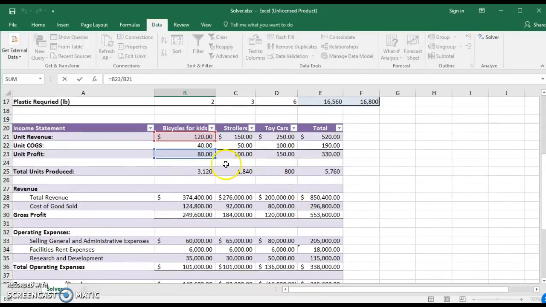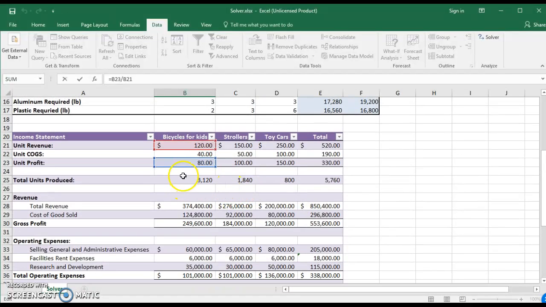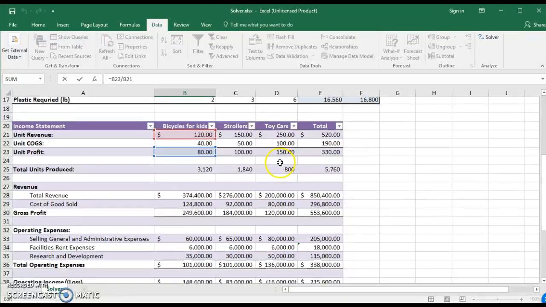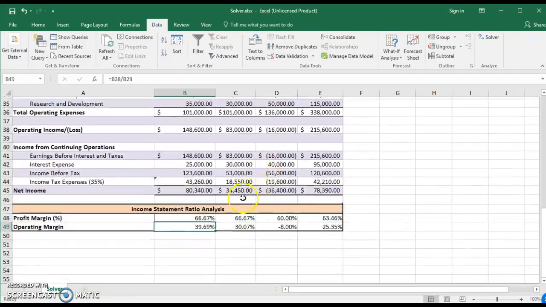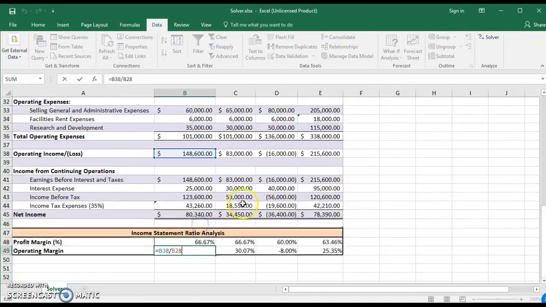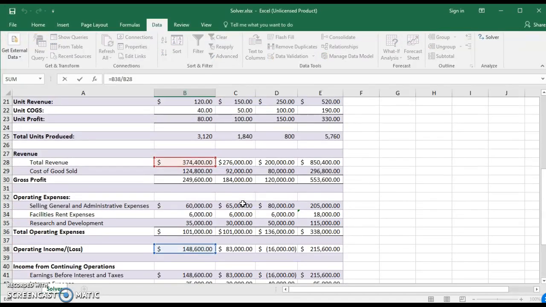If you see the formula, it's actually the unit profit over the unit revenue. That would give us the profit margin of each product. And then the operating margin is calculated as the total operating income over the total revenue that we have.